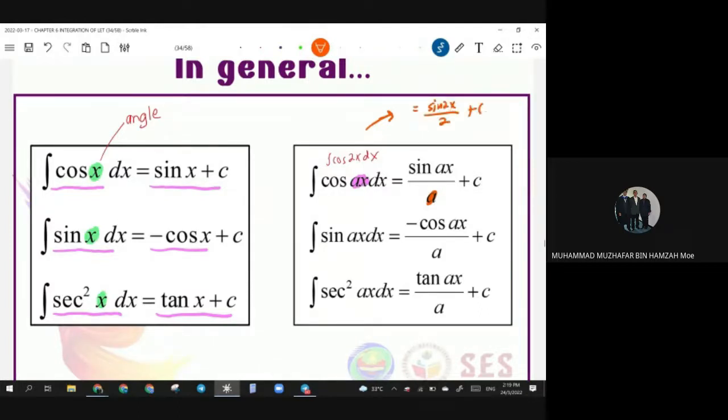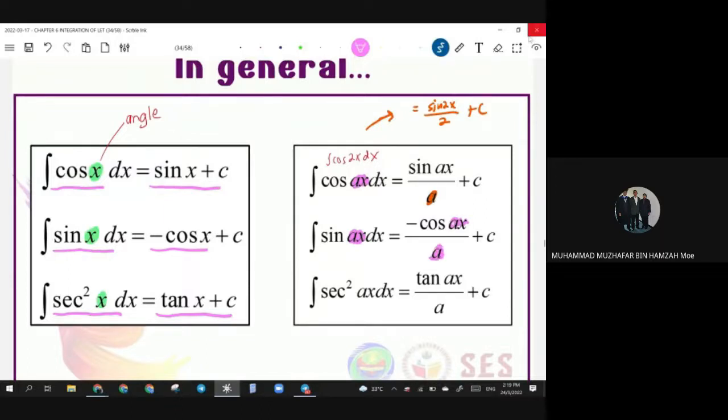We just write the coefficient of x, or some also say we divide by the derivative of whatever is inside the sin, which is also acceptable. Same goes to sin: when we integrate sin ax, the answer should be negative cos ax over a.